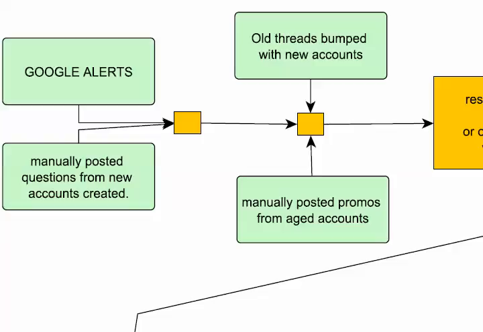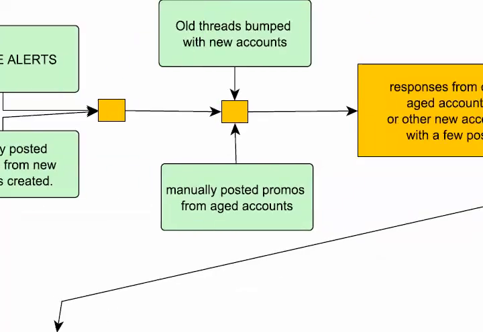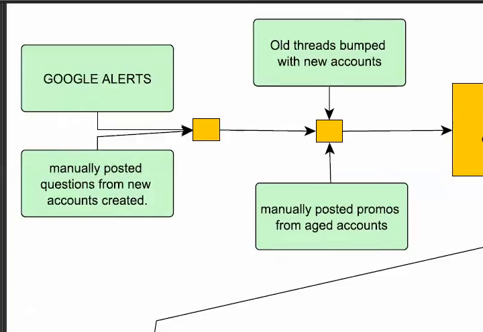What that's going to allow you to do now, if it's a link to your site, that's awesome, because then you don't have to actually post a link to your site. All you have to do is make sure that thread keeps getting bumped and stays on top of the list of threads.